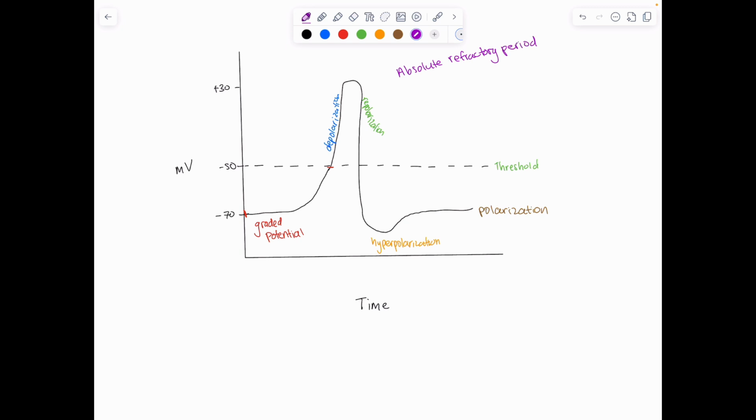And then right along in here, in the hyperpolarization phase, we have the relative refractory period.